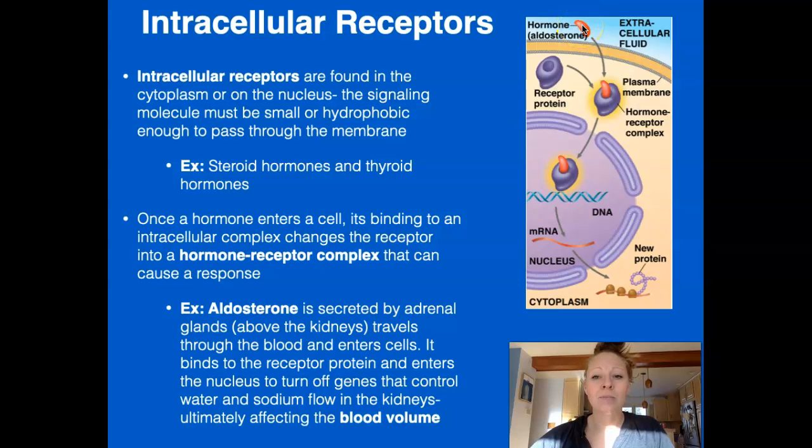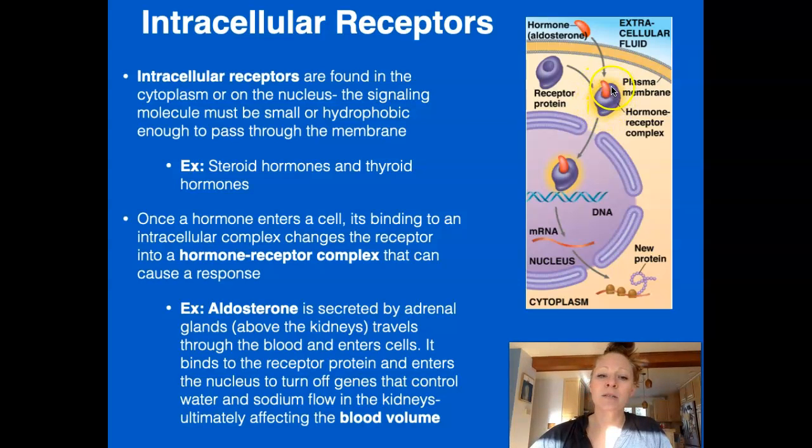This is going to allow them to travel through the membrane so that they can interact with molecules on the inside. When a hormone travels through the lipid membrane, it's going to attach onto a receptor and become a hormone receptor complex right here.